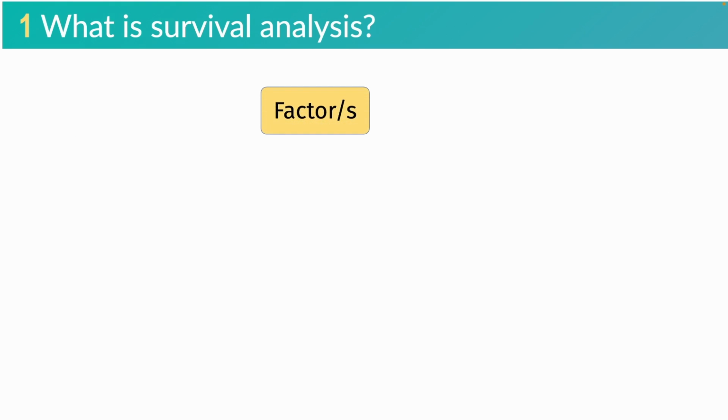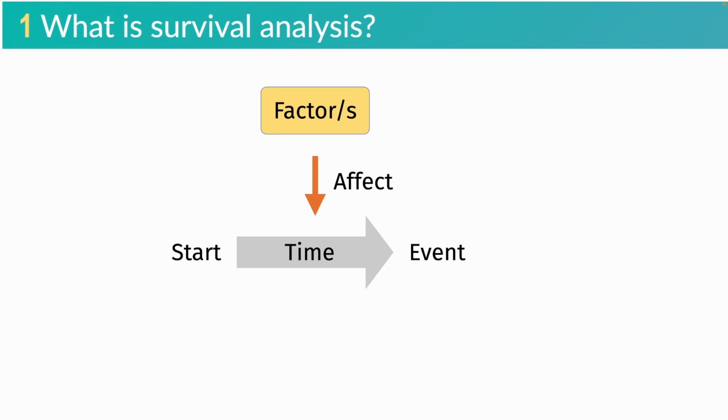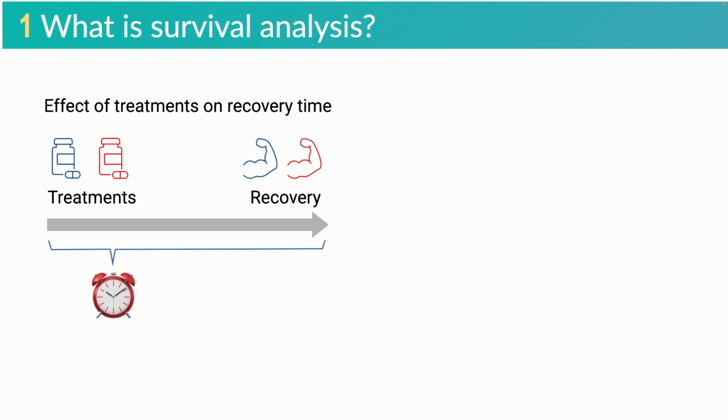Survival analysis can also be used to analyze the effect of a factor or several factors on the time until an event of interest occurs. For example, you may want to investigate the effect of treatment methods on the time until the recovery of an illness after treatment.